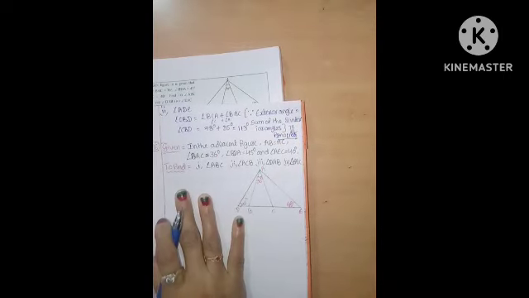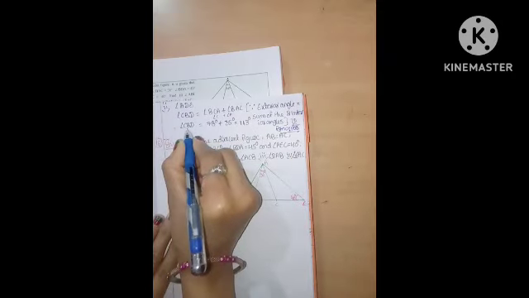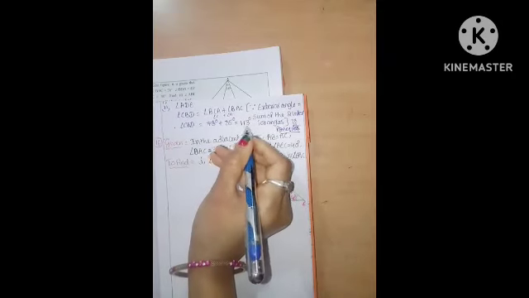Are you clear? So angle CBD equals 113 degrees.